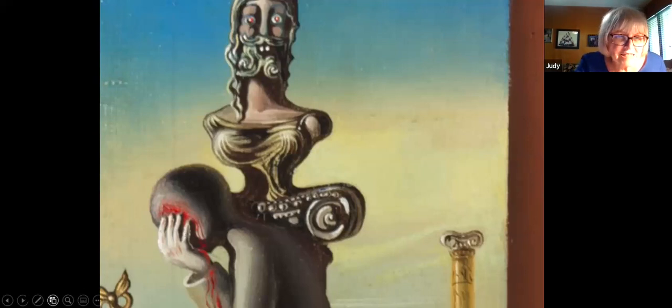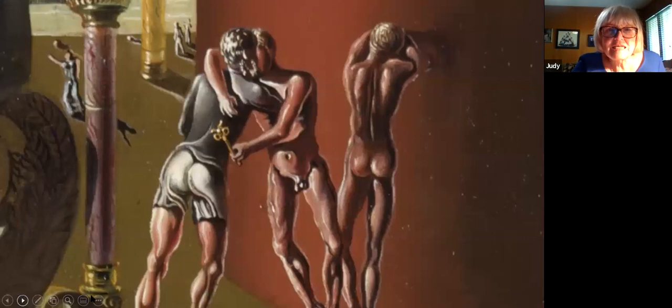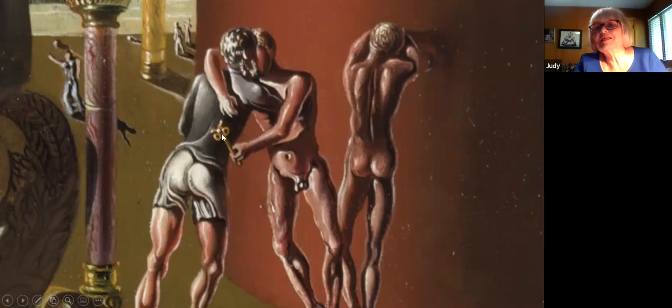And let's go to the next one. Here is a column from antiquity, a nod to Oedipus and the Greek tragedies. And you see this figure here has a key in his hand, and this should be the key to the subconscious that Freud helps you uncover.